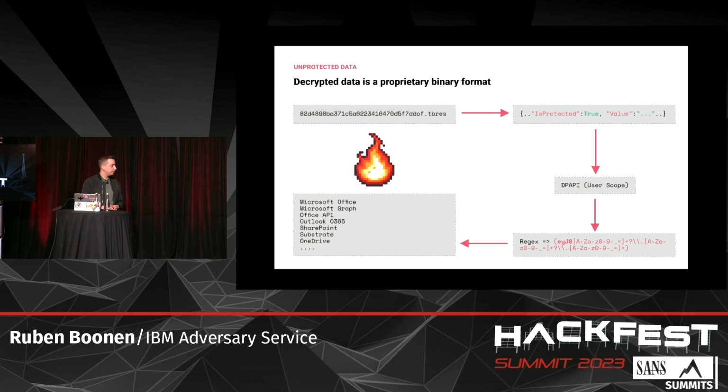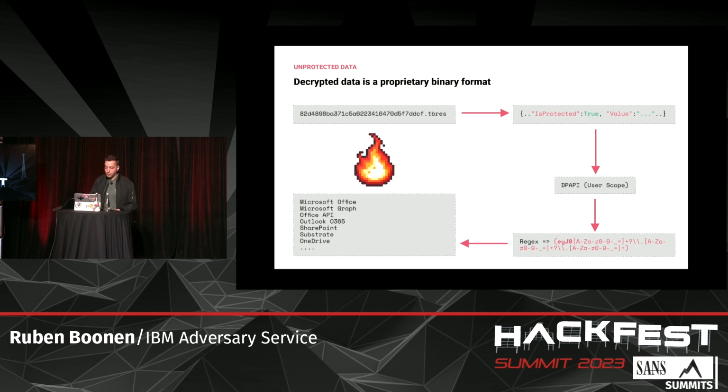And then something which isn't really clear here is that this data blob that gets decrypted is not just plain text. There's also binary data in there, intermixed with plain text. So in my code, I just run a regex over the results to get out the JWTs. You can see at the bottom, I'm looking for EYJ0 and I have some regex there.